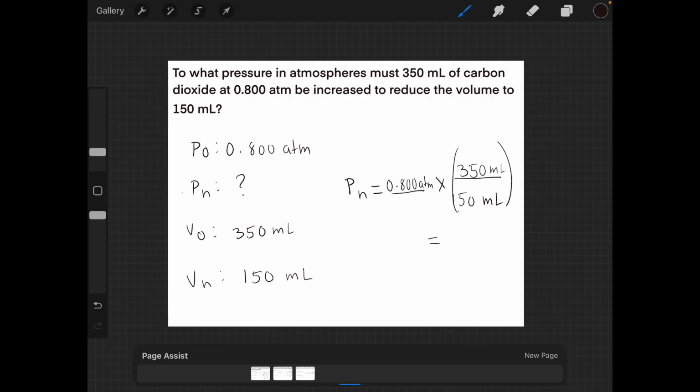If you were correct, you should have got an answer of 1.9 atmospheres and had your equation set up like this.